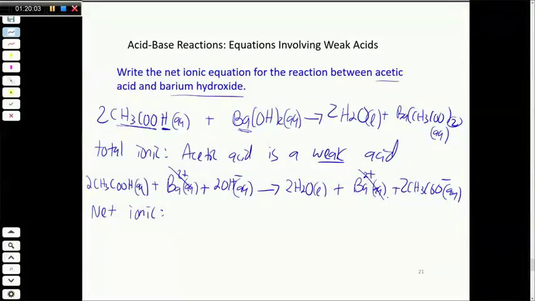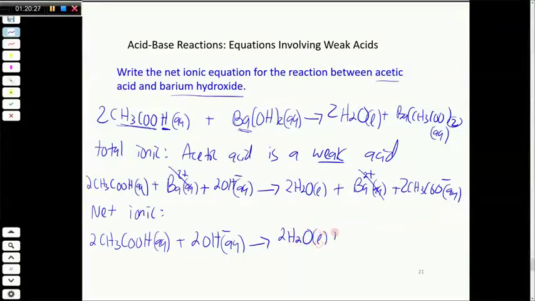The net ionic equation has 2 CH3COOH, acetic acid, 2 OH minuses, and on the product side we get 2 H2O plus 2 CH3COO minus. So that's our net ionic equation, which has coefficients of 2 all the way across.